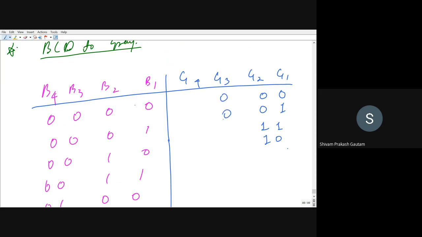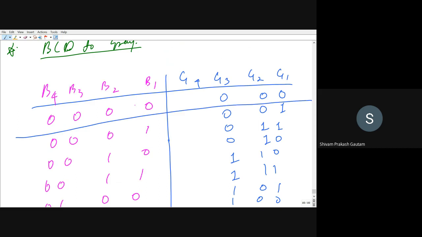It is 000, 001, and then this will be the mirror image, that is 011, 010, and then 110, 111, 101, 100. So up till this we have seen. So let me draw a line as well, so that we will be able to find the minterms.